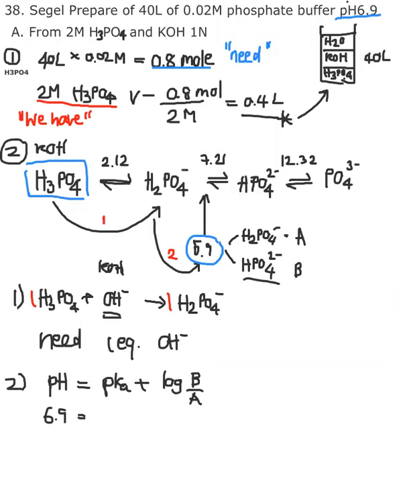For pKa, we use the one that is closest to what we want, in this case 7.21, and then log B over A. B over A here will tell you the ratio of HPO4 2 minus to H2PO4 minus at pH 6.9. So your job is to calculate this ratio.